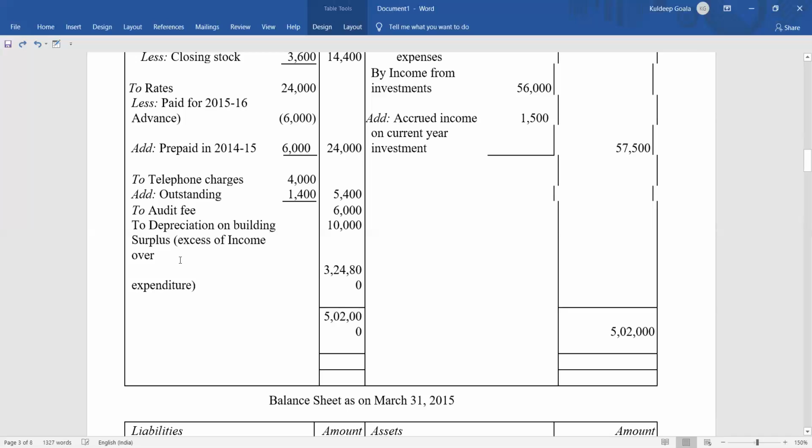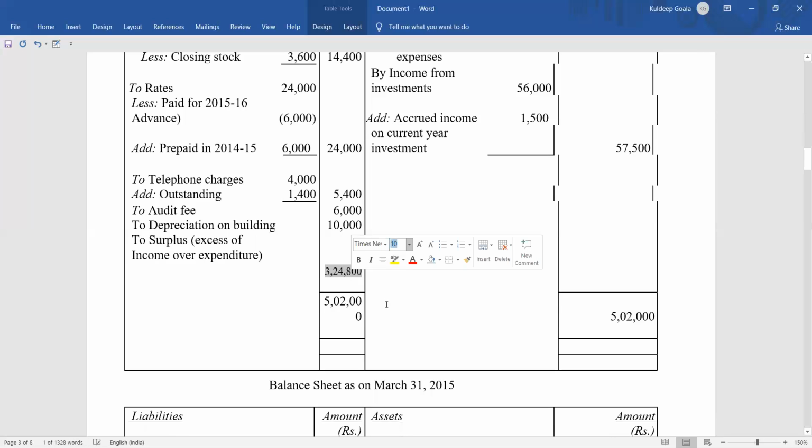This 3,24,800 is nothing but the excess of income over expenses, because the income is more, so it will be taken as surplus. We call it surplus, excess of income over expenditure. This is called surplus, excess of income over expenditure, that is 3,24,800. I hope all of you are able to understand that.